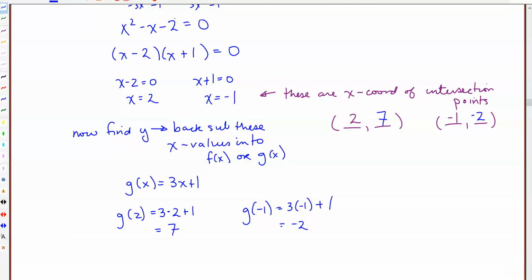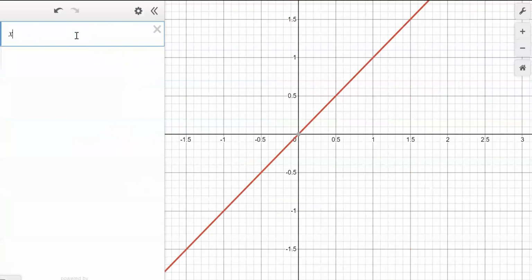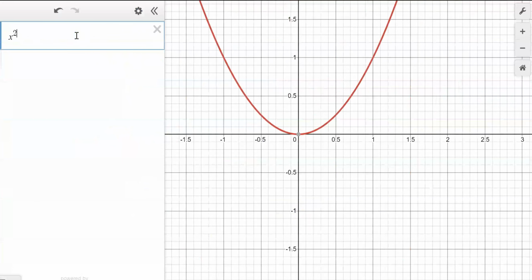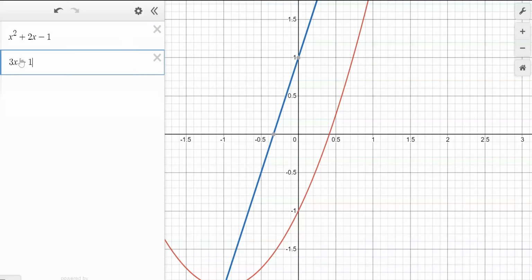Maybe let's verify that we're seeing this in Desmos. So again, I'm going to come back to Desmos. Let's get our other equation out of here. I have x squared plus 2x minus 1 as one of my functions, and the other function is 3x plus 1.